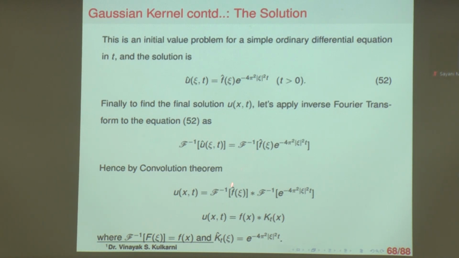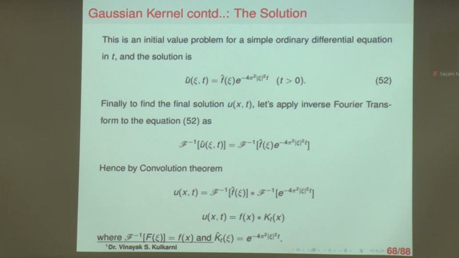As it is a product of two functions, I will have to take the separate inverse Fourier transforms and their convolution, according to the property of the Fourier transform. So I will take the convolution of the inverse Fourier transform of the first term, that is f cap of xi, and the inverse Fourier transform of the exponential function e to the power minus 4 pi square xi square.